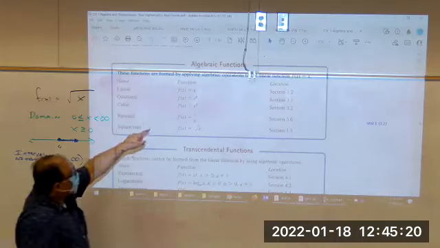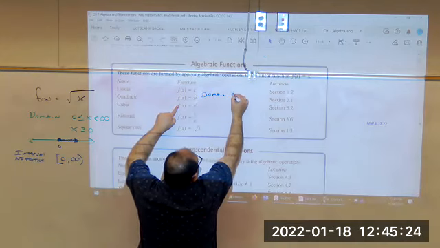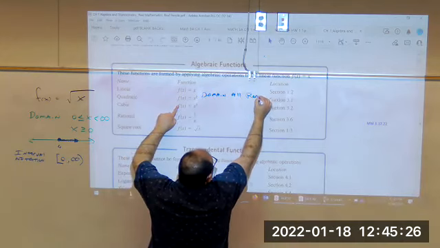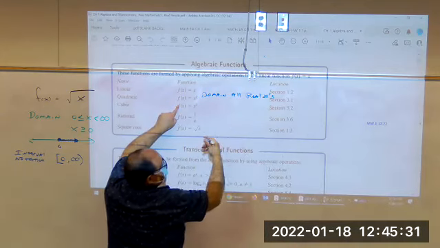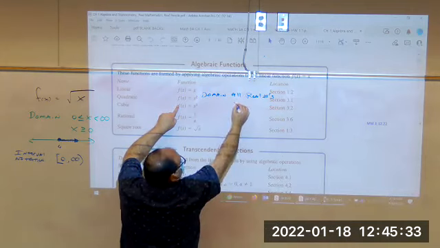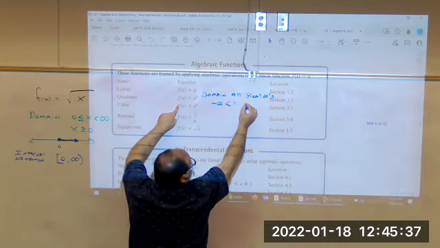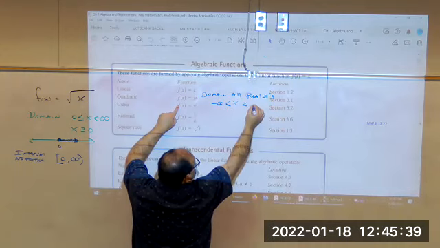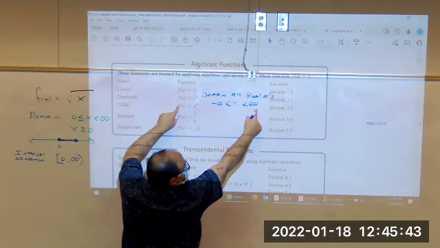For x squared, the domain was all real numbers. Mathematically, what we're talking about is the x's are bigger than negative infinity, and they're less than positive infinity. They're somewhere between negative infinity and positive infinity.